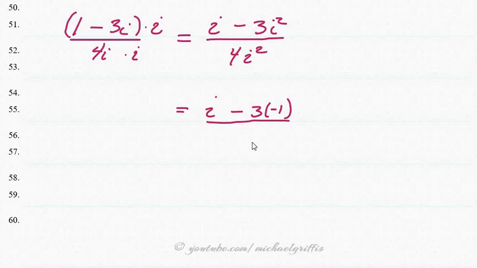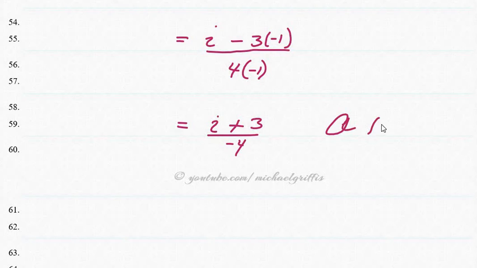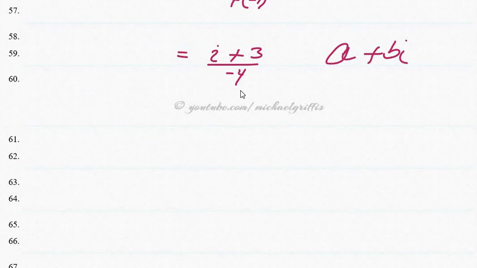Over i squared gets replaced by negative 1. So we have a negative is positive. i plus 3 over negative 4. Remember, we got to get it in this form right here. Okay, that's the form we got to get it in.